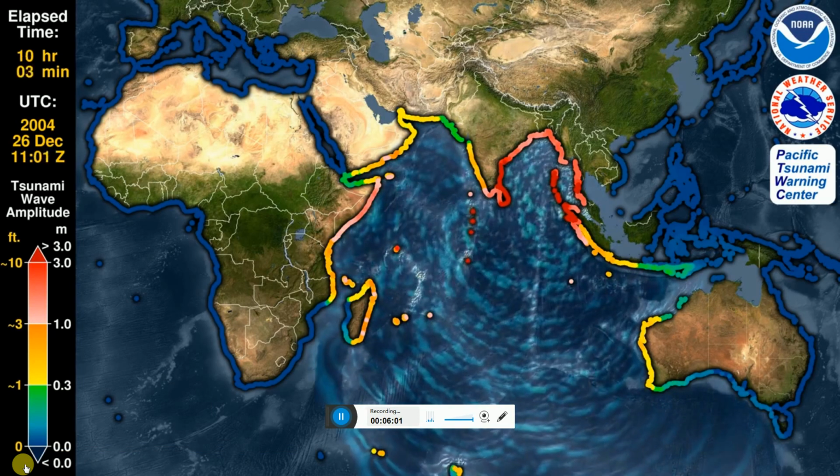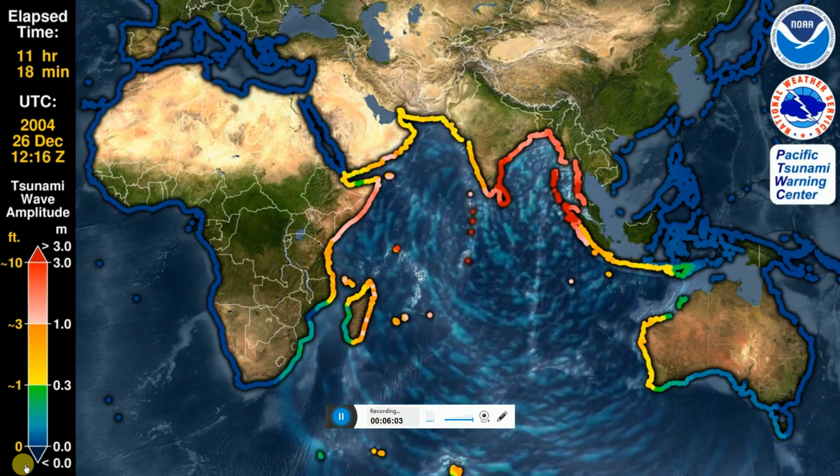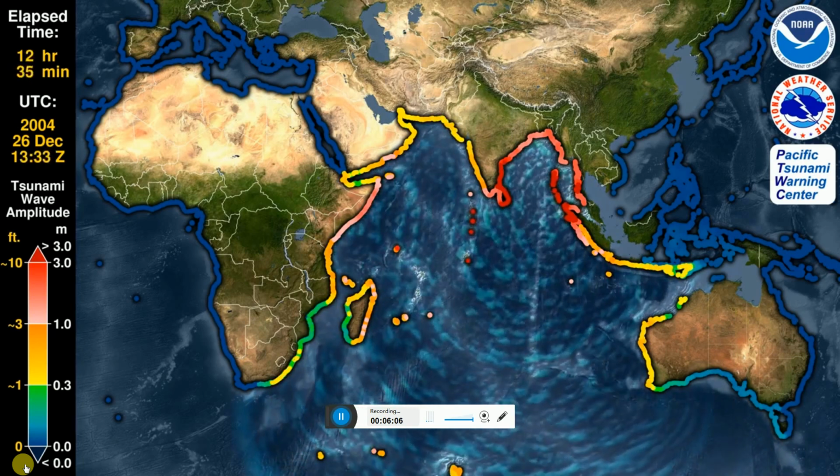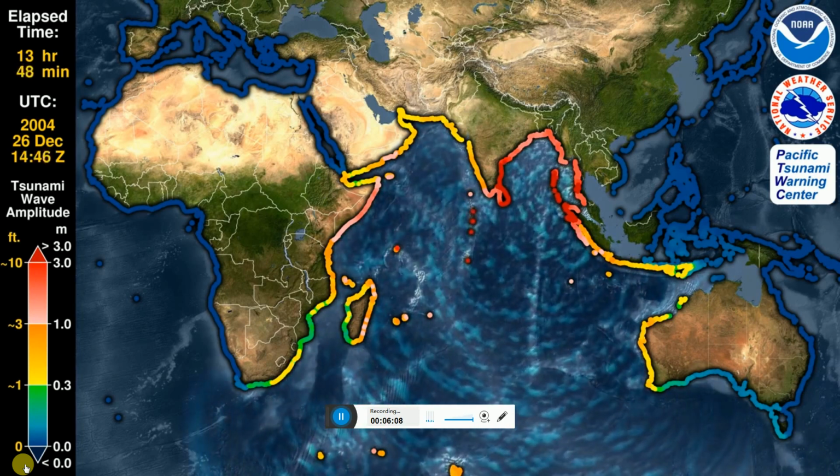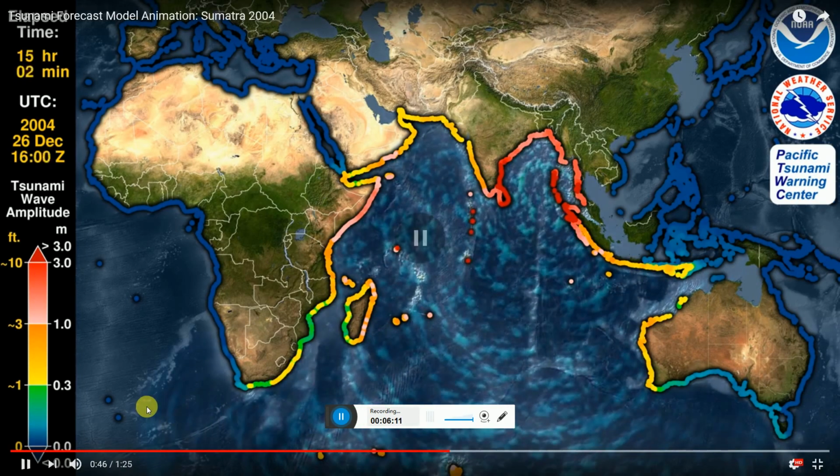So by now most of the Indian Ocean has been affected by the tsunami. Now it's moving in towards the Atlantic Ocean, and by this time, about 15 hours after the earthquake started, this disaster has basically hit my hometown of Lüderitz.